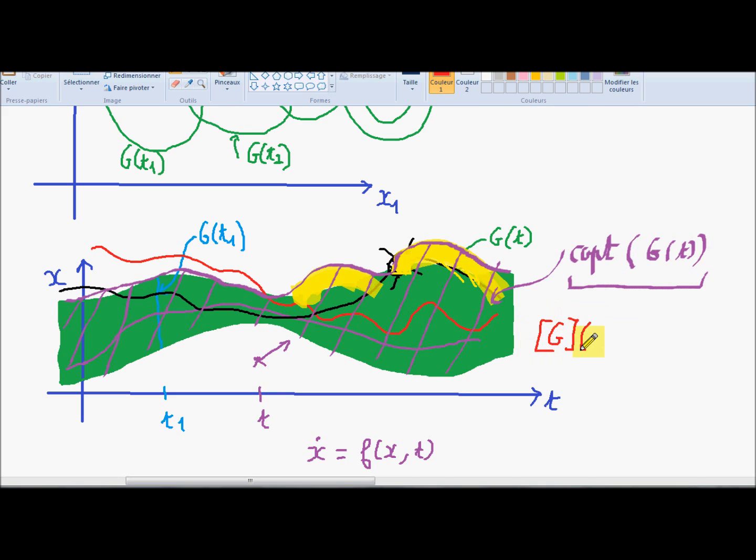It will have as a lower bound J minus of t, okay, this one, and as an upper bound J plus of t, where J plus of t encloses this yellow part here, but also the green part here.